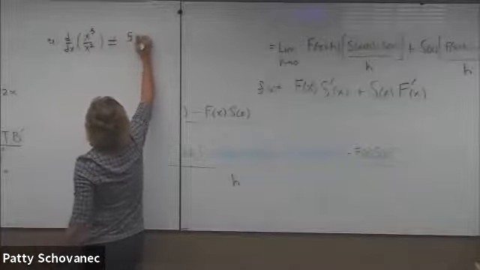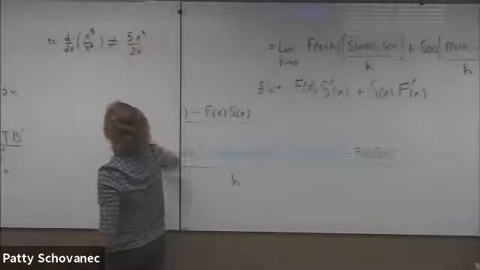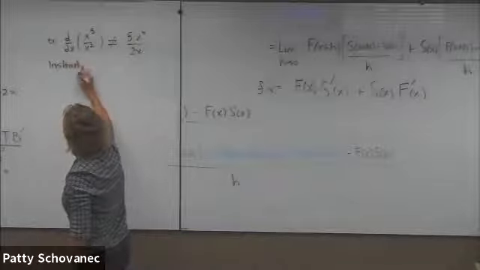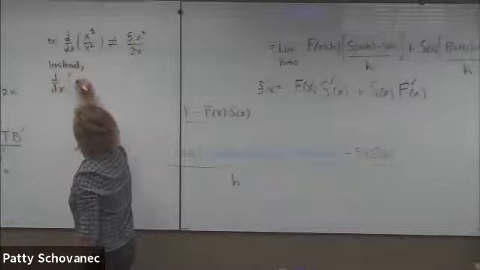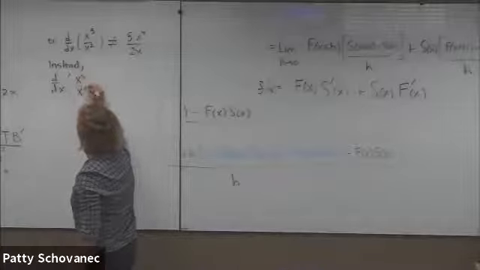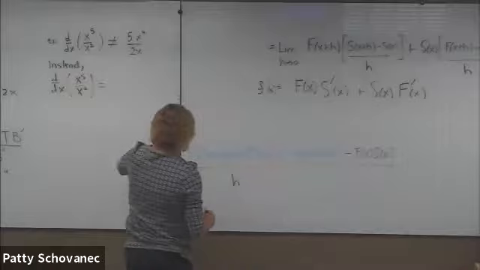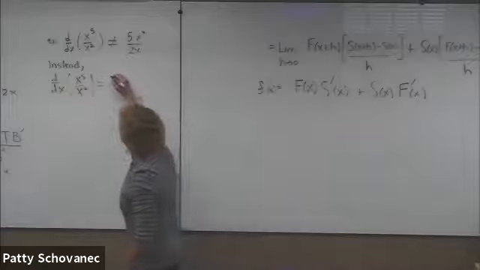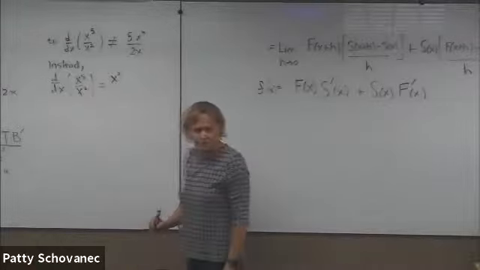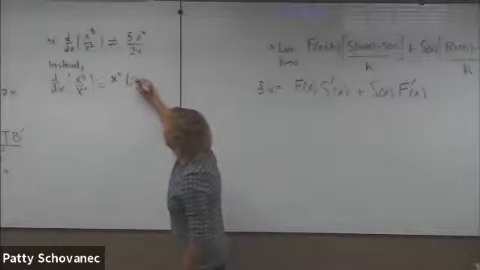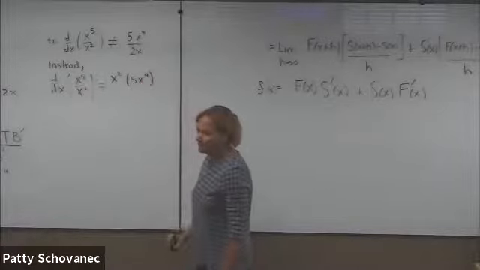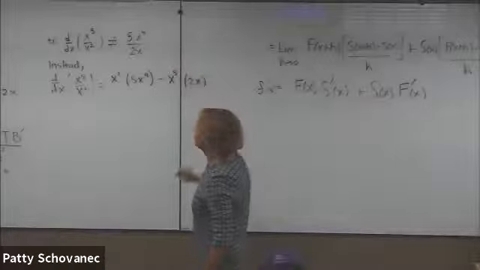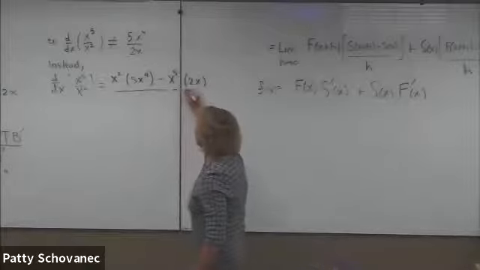Not equal to 5x to the 4th over 2x. Instead, the derivative with respect to x of x to the 5th over x squared is the bottom term times the derivative of the top, minus the top term times the derivative of the bottom, divided by the bottom term squared.